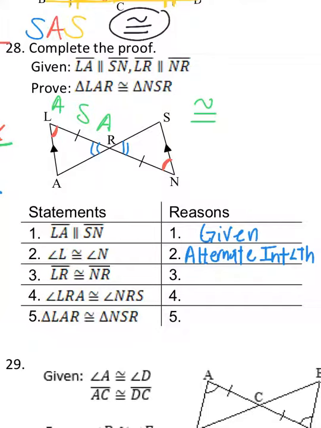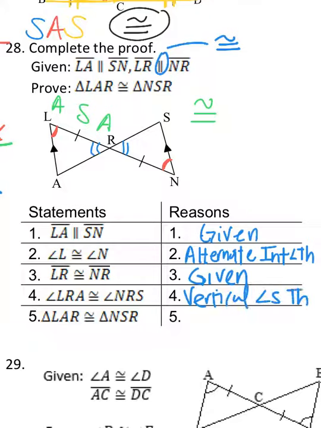I believe this is a typo here, so that should have been congruent. So it was given information. Didn't have to think that one through. And angle LRA and NRS, though that was not given, we know that vertical angles are all congruent. So this is the vertical angles theorem. And last, we know that the triangles are congruent to each other by the angle, side, angle from up above that we planned out.